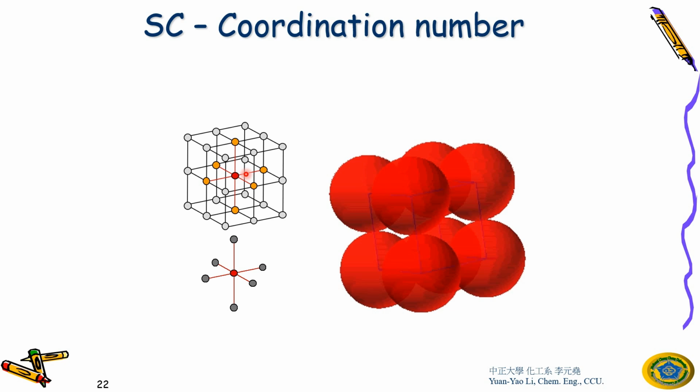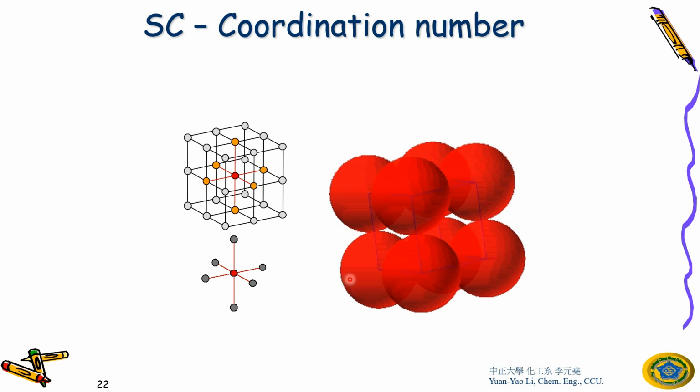So use your imagination. Let's point this sphere, this atom here. So how many atoms touch this one? In this case 1, 2, 3, 4, right? 1, 2, 3. This 3 doesn't touch this one, right? So 1, 2, 3, 4.